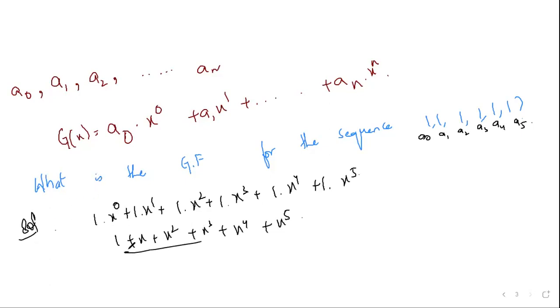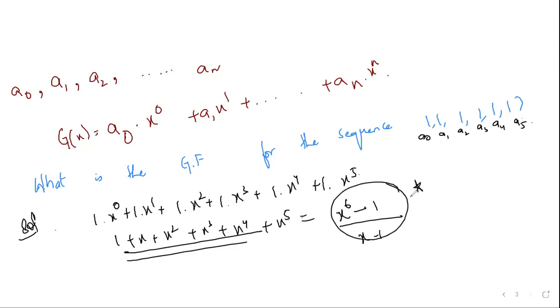And this actually can be shortened as x power 6 minus 1 by x minus 1. Okay, this we will see later as a formula. So this is the solution for our problem.